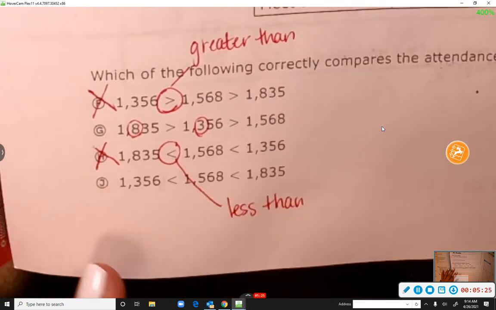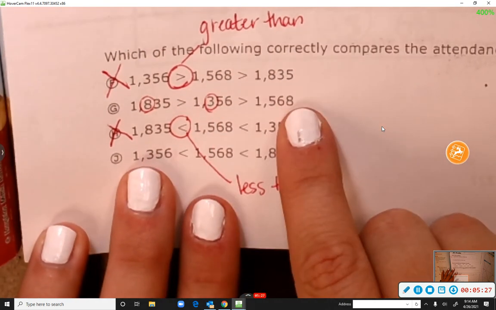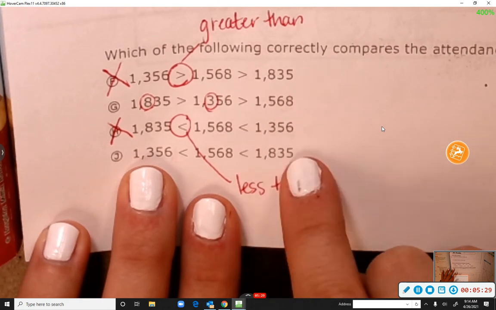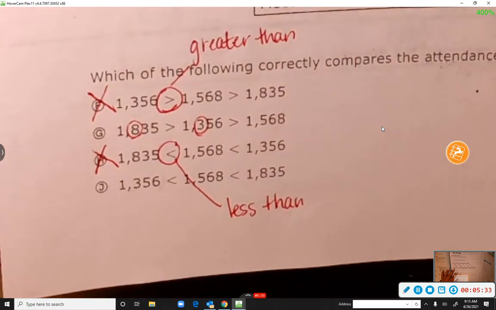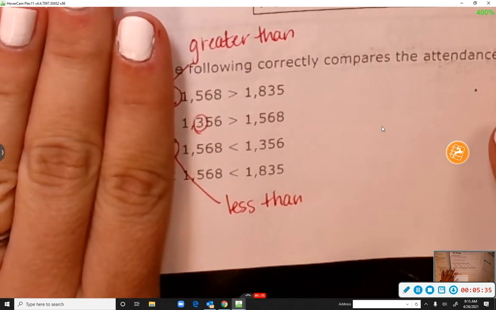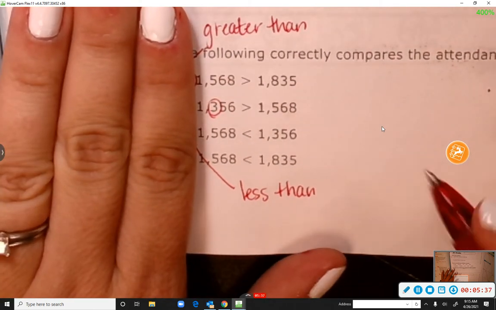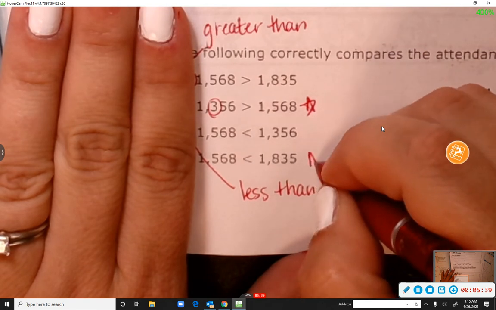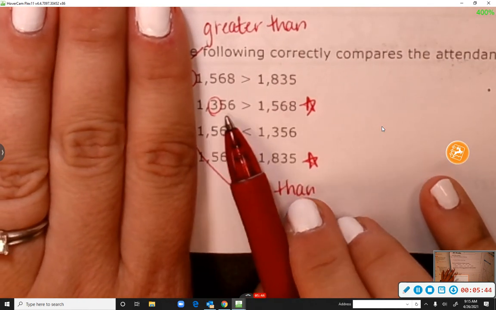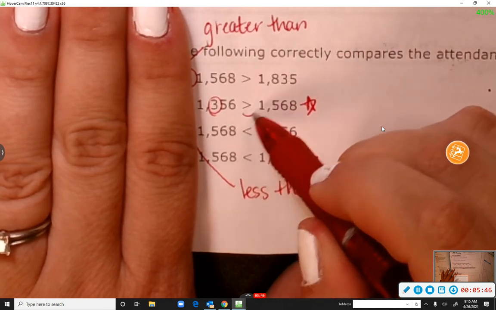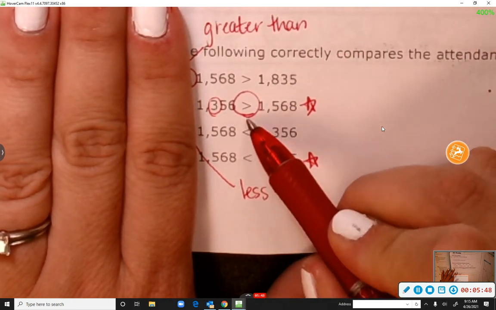So now I need to just look at the last two numbers for G and J and see which one's correct. So again, I'm only looking at two numbers at a time. You can cover it up if you need to. I'm only looking at this one and this one because we've already eliminated the other ones. 1,356 is, how do I read that?